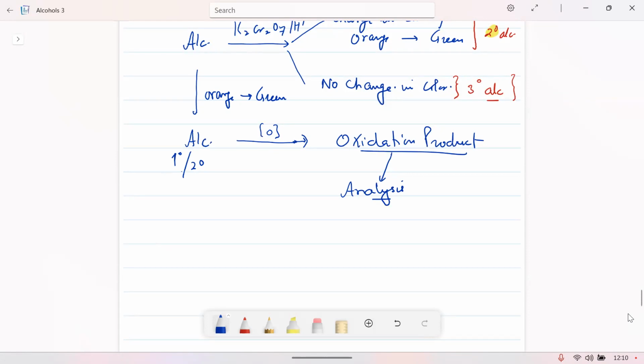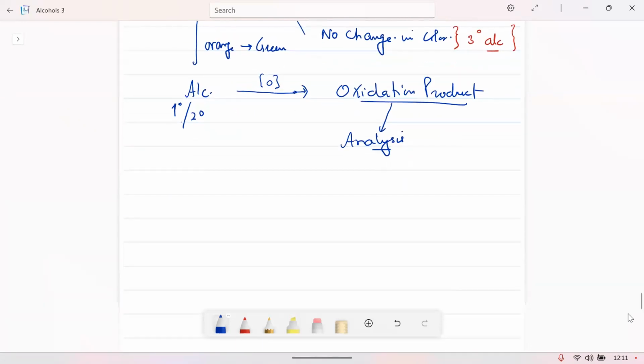We will test the oxidation product to decide whether it is an aldehyde, ketone or carboxylic acid, and the starting material is primary or secondary alcohol based on the oxidation product analysis. So once you do the oxidation, whatever product is formed, which we are calling the oxidation product, you will test it.